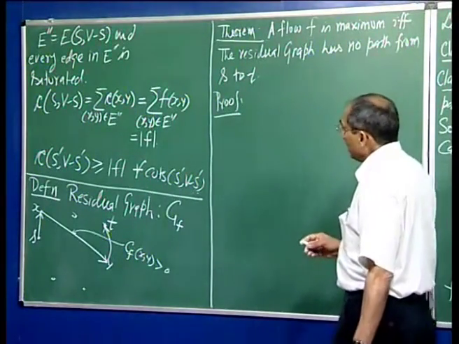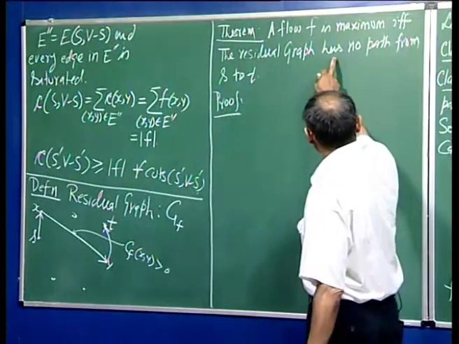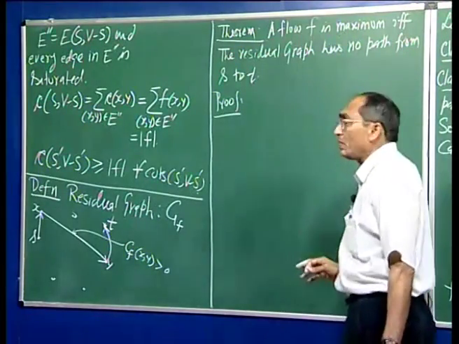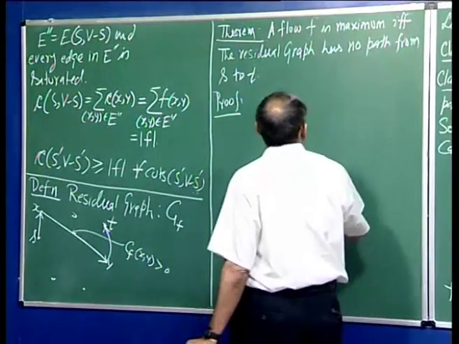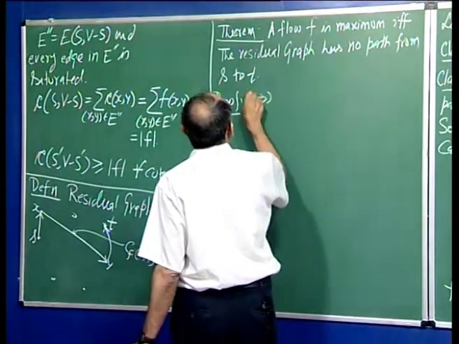So, it is clear that if there is a path, then F is not maximum. So, this implication is trivial.